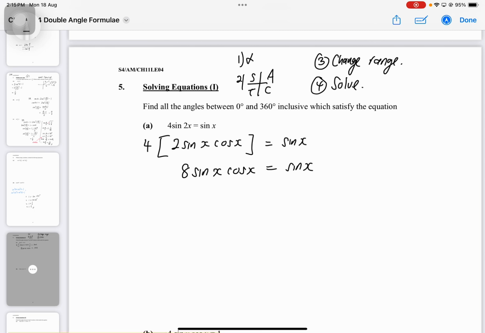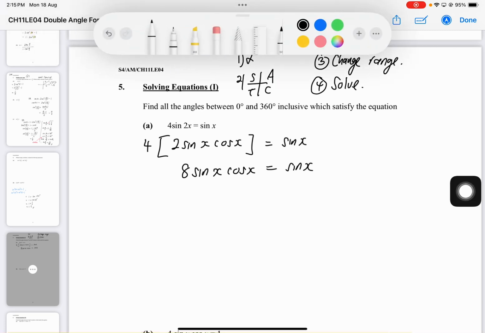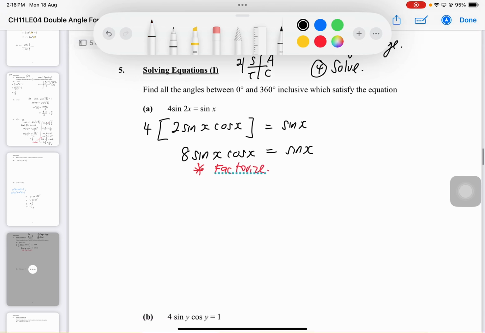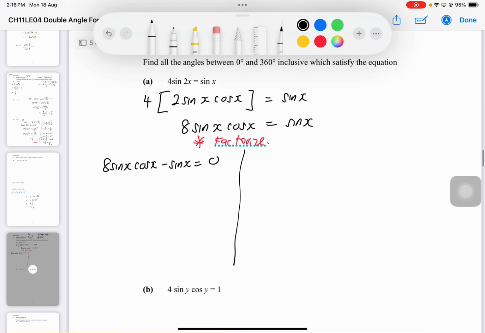Now, listen here. There's something that I want to highlight. When you have a situation like this, you cannot divide both sides by sine x. What you need to do is factorize. So you have to rearrange: 8 sine x cos x minus sine x equals to 0. Let's rearrange. I'm going to split into 2 parts.